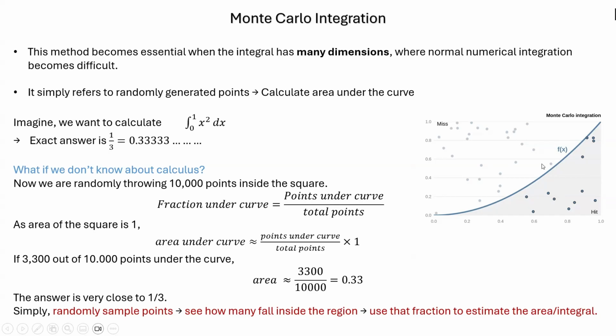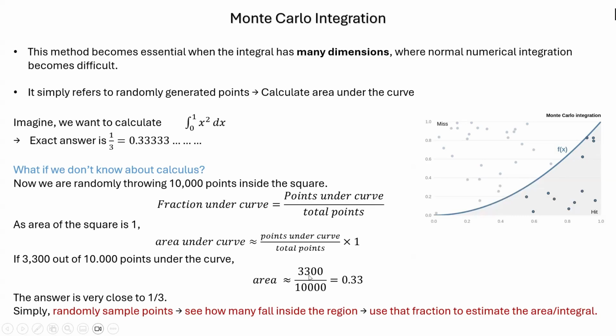So imagine we get 3,300 points out of 10,000 points under the curve. So the area becomes 3,300 divided by 10,000 and we get our answer, which is 0.33. It's not that close to that answer because you can see 0.333 is continuous. It will go on for eternity.